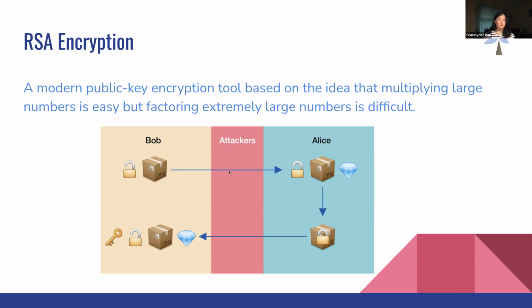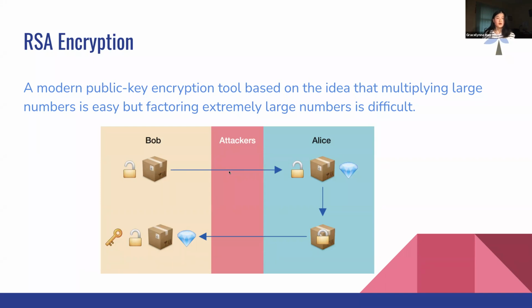But factoring large numbers, even with computers, is difficult and also time consuming as you can only just brute force. Going over what this really means, public key means that part of the key is actually accessible to the public. So part of the key is private, but also half of it is public.